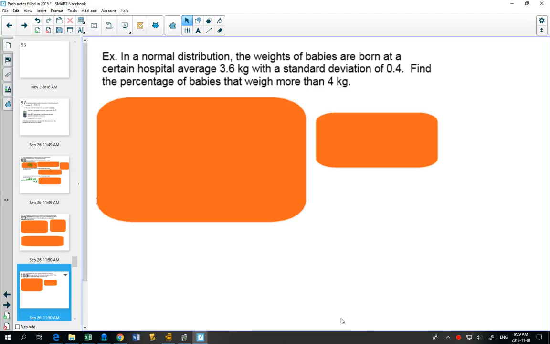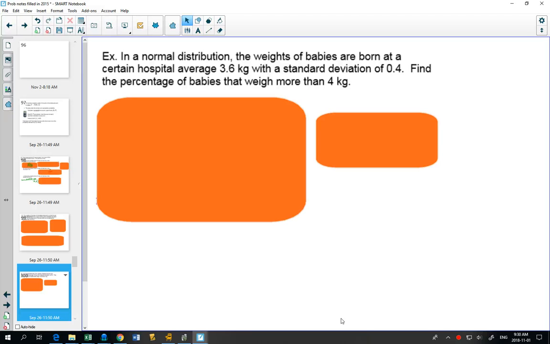In a normal distribution, the weights of babies born at a certain hospital average 3.6 kilograms, with a standard deviation of 0.4. So now we can take something like this, they have the data for it, and you could say, what are the chances of having a baby more than 4 kilograms?